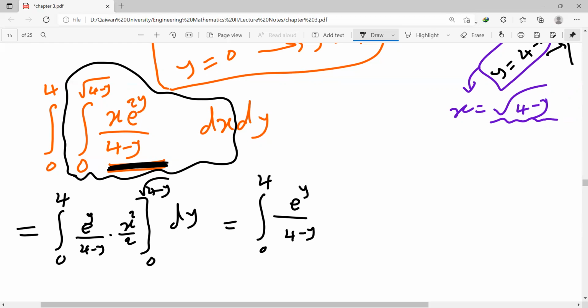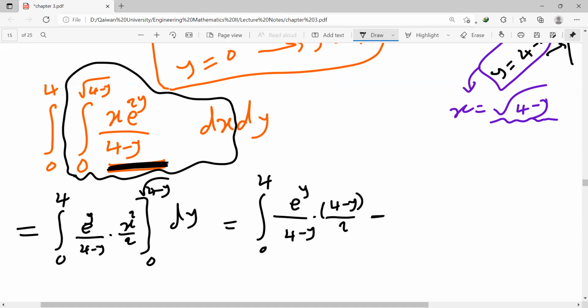So it equals the integration from 0 to 4, e to the power y over 4 minus y, x squared over 2. We first replace x by the square root of 4 minus y. We get 4 minus y in a square root squared over 2. These are cancelled out, and you get only 4 minus y over 2.